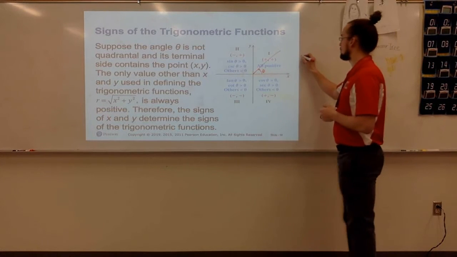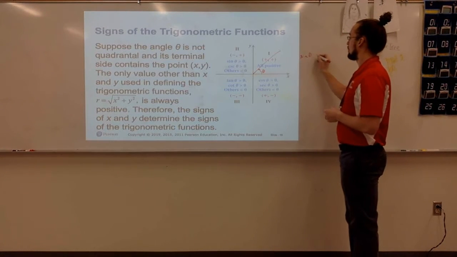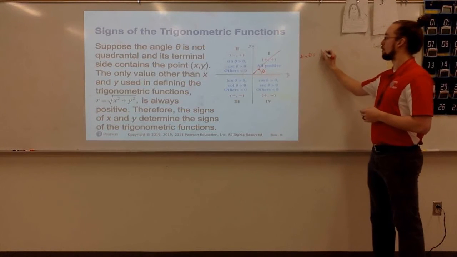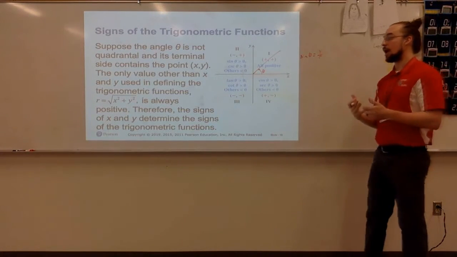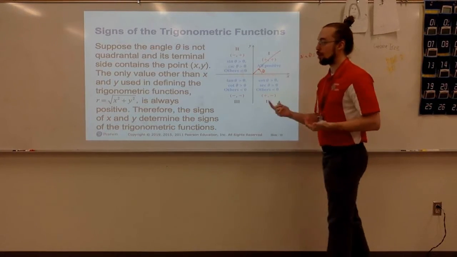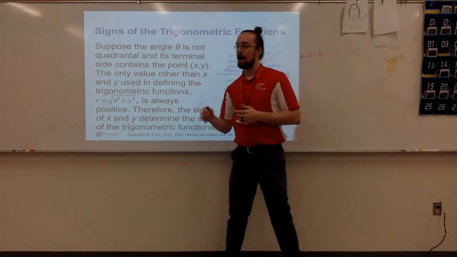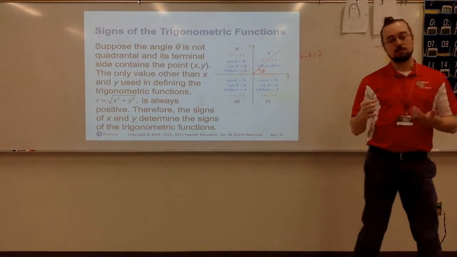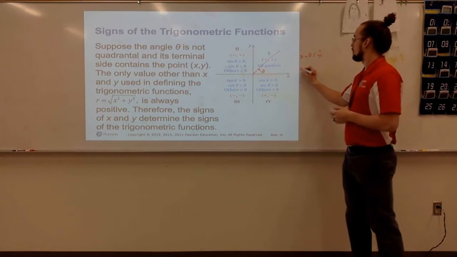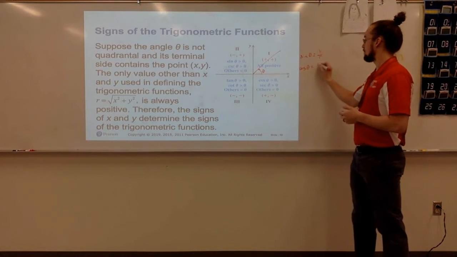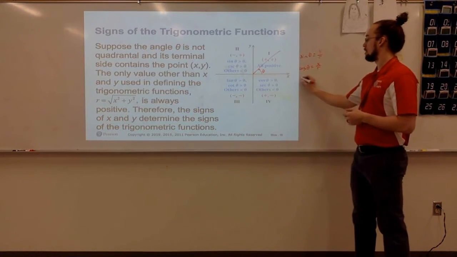Because, as we talked about yesterday, the sine of an angle is equal to the y-coordinate over r. Right? We said r was basically the hypotenuse of a right triangle, so that r value is always positive. Cosine was the x value over r.